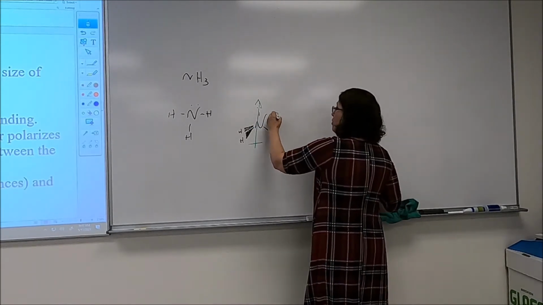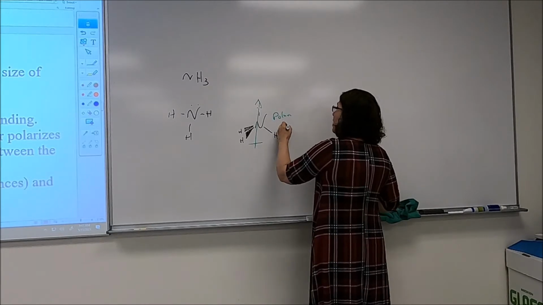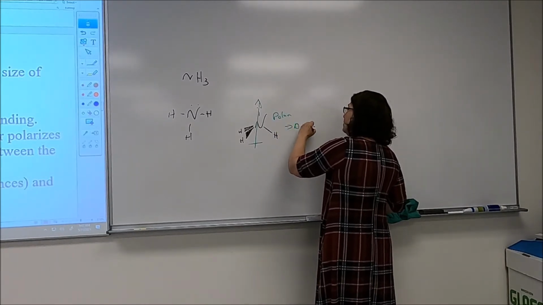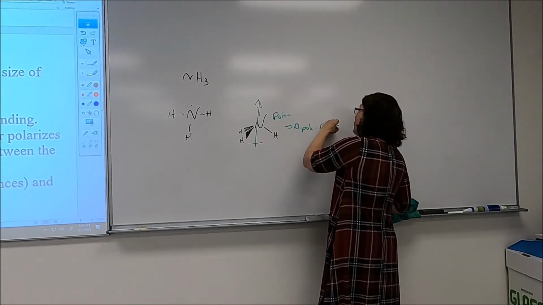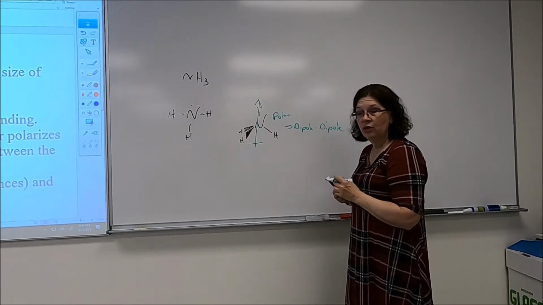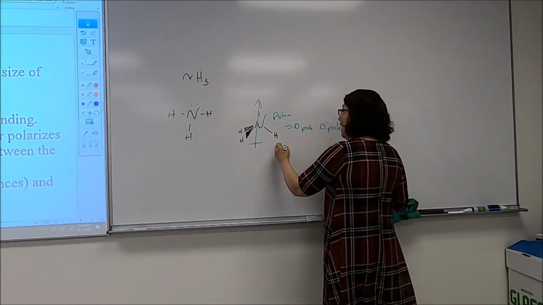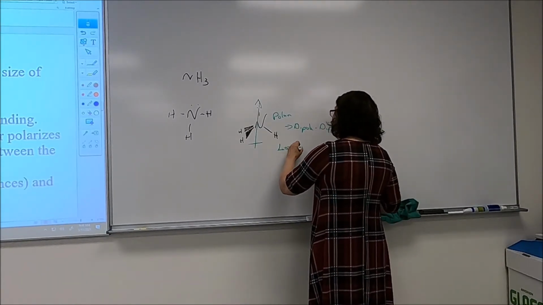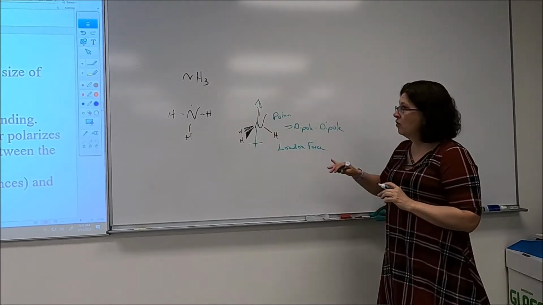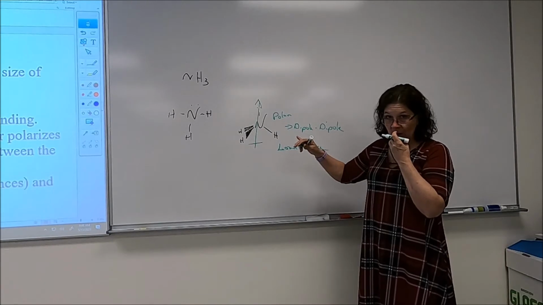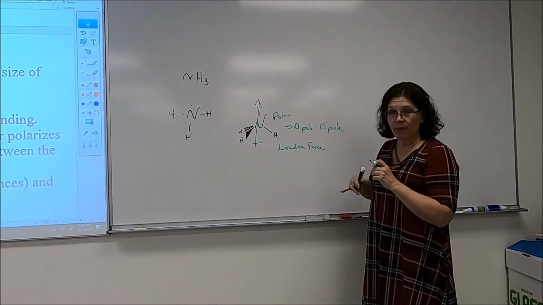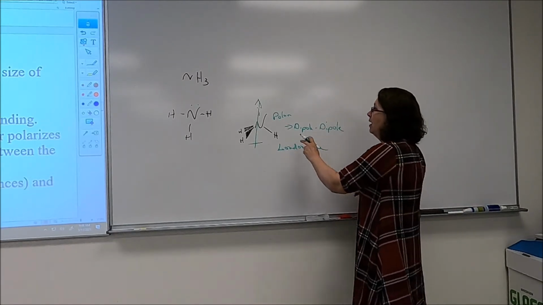So since this molecule is polar, I know right off the bat that I can have dipole-dipole interactions between 2 ammonias. And everything's got a London force. Okay? So between 2 ammonia molecules right now, I know that there's a dipole-dipole and there's a London interaction.